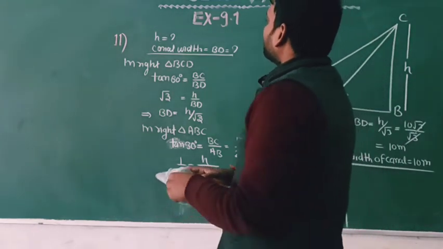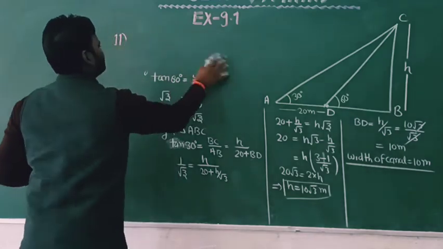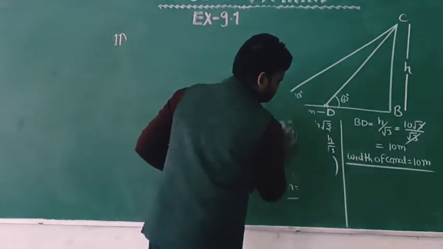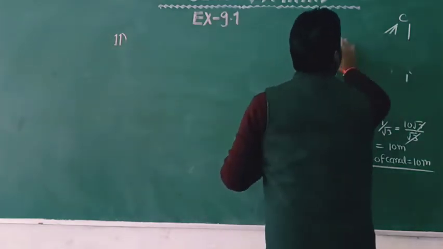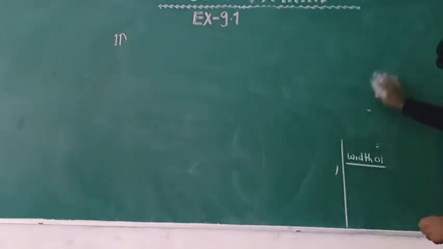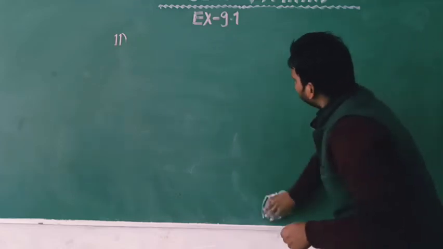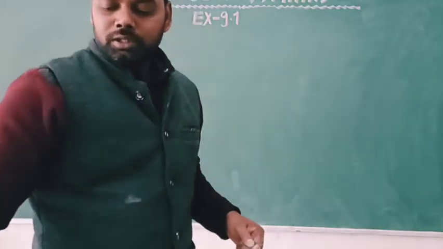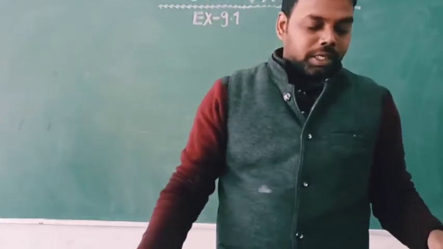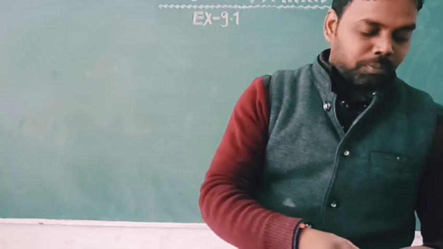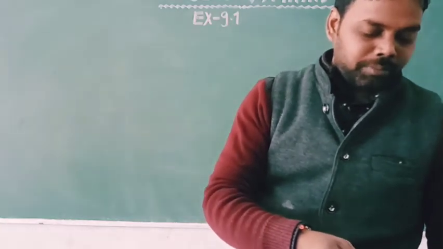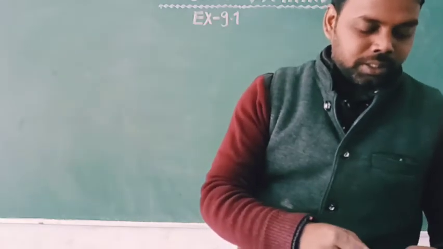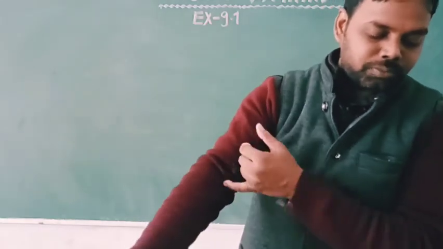Now move to question number 12. In this question, it is given that from the top of a 7 meter high building, the angle of elevation of the top of a cable tower is 60 degrees and the angle of depression of its foot is 45 degrees.